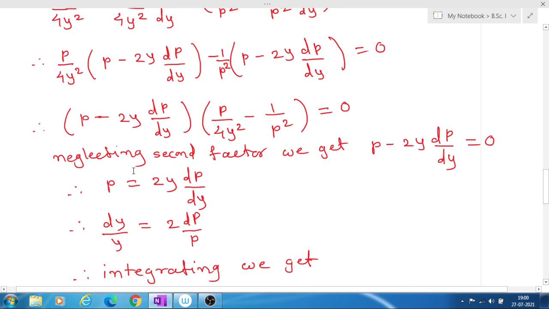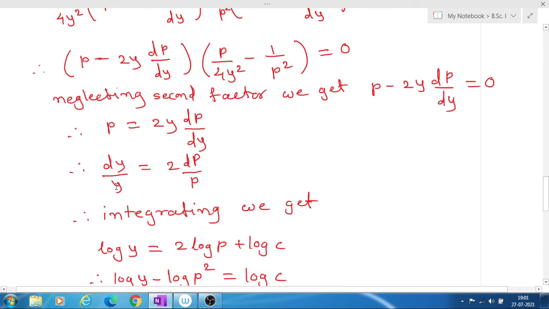Now from these two brackets we neglect the bracket which does not contain dp by dy, therefore taking only one bracket, p minus 2y into dp by dy is equal to 0. Now this is a differential equation in p, and here there are only two variables p and y. On the right hand side there is 0, so by separating p and y we can integrate.